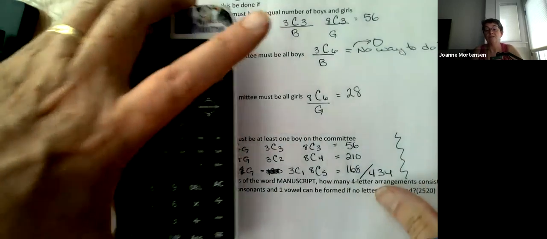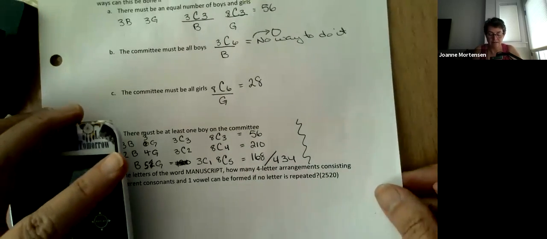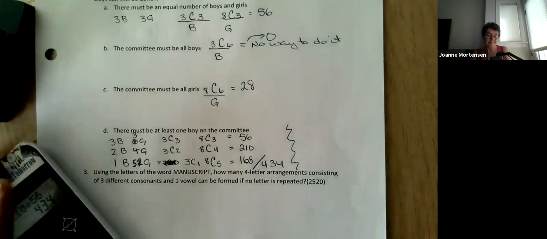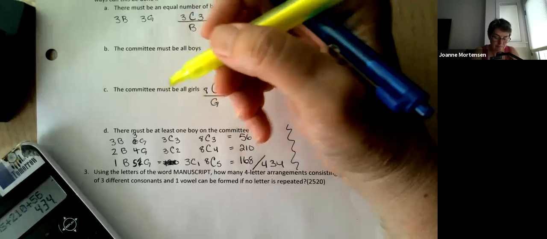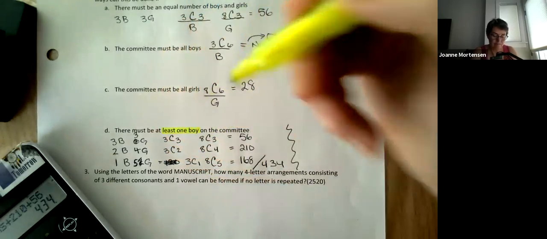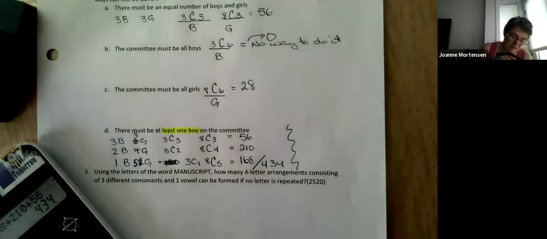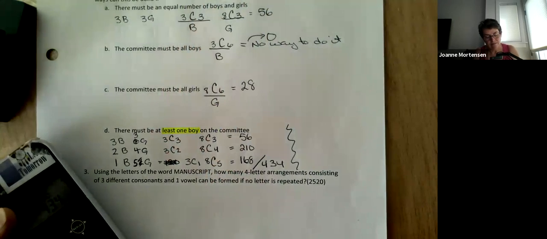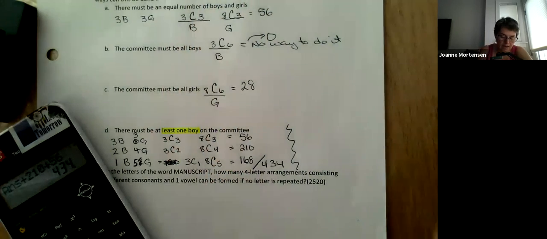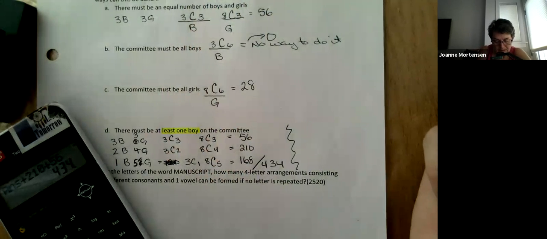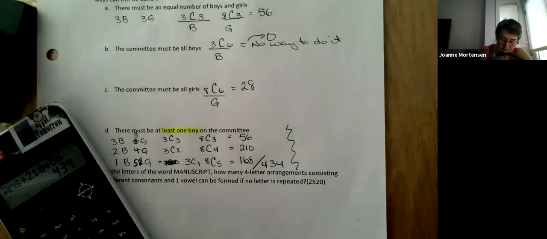Now, let me show you a different way. I don't know if it's going to make any sense or be any better. The opposite of at least one boy on the committee is going to be no boys on the committee.